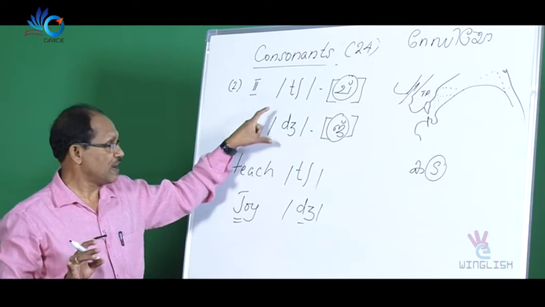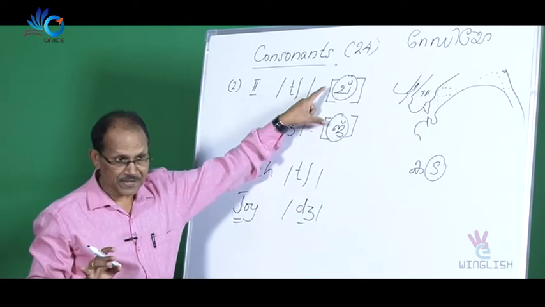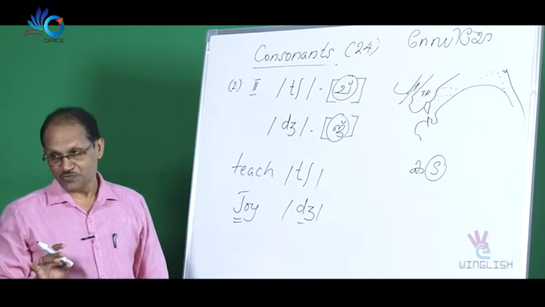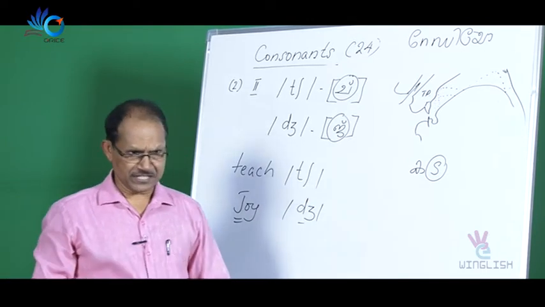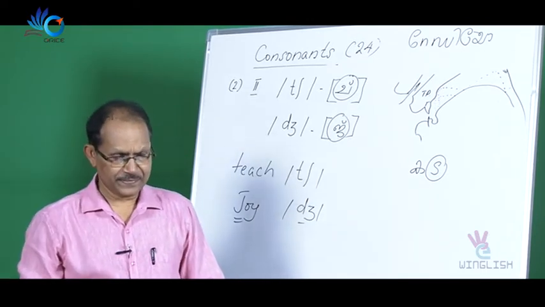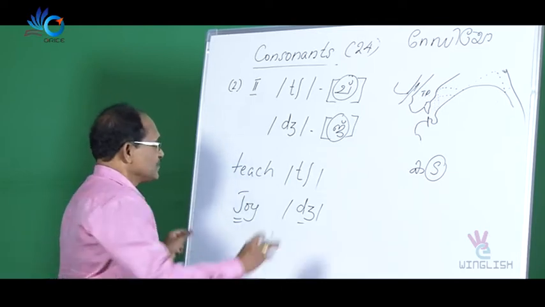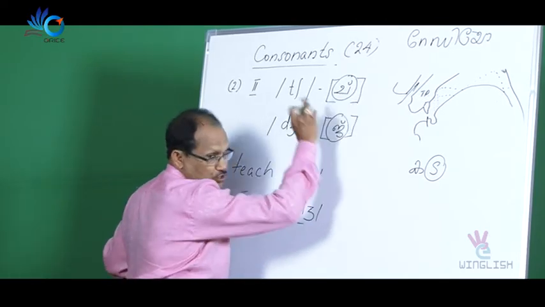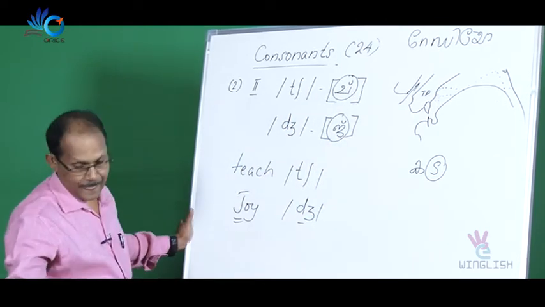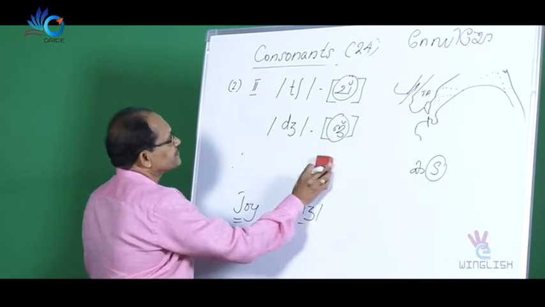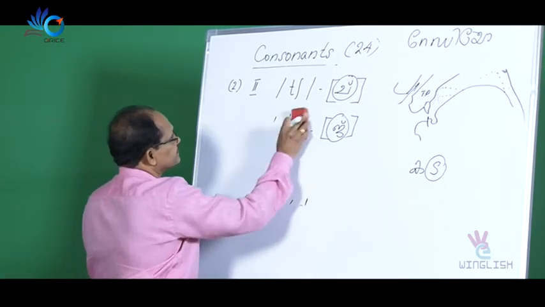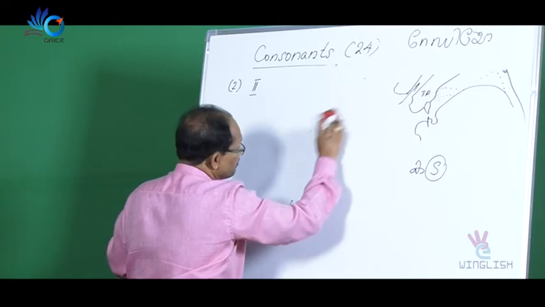These two sounds are slightly different from the Malayalam sounds, which we very often use to represent these sounds. That is the point. Okay. So, somewhat like ch and j. That is the second group.